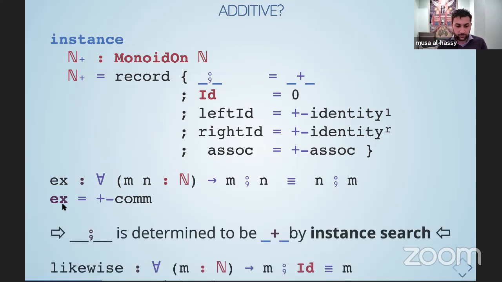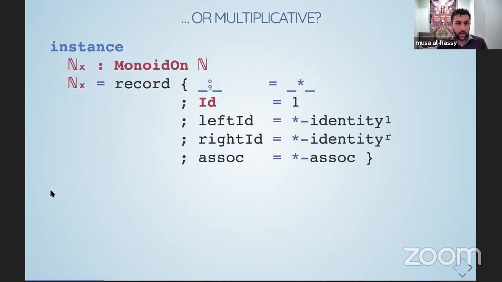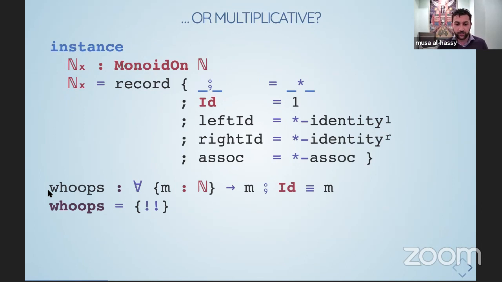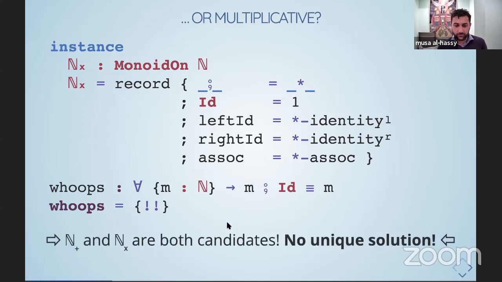Likewise for other fields of the type class data type. Okay. But if we consider a multiplicative approach, then it's not clear anymore. When we say M and then identity, there's two conflicting candidates for the type class on the natural numbers. So there's no unique solution, and an instance search in Agda will fail for this.